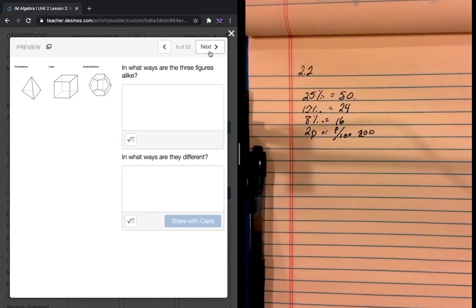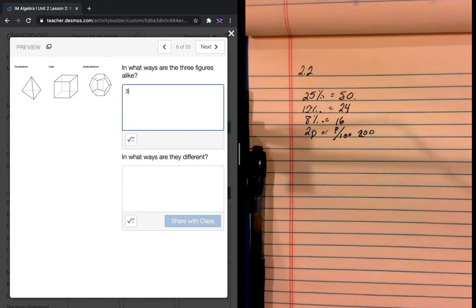Now with the split screen, this is a little difficult to see, but we've got a tetrahedron, a cube, and a ball there. I'm not going to try to say that, I'm going to get it incorrect. What we know here is, in what ways are the three figures alike?